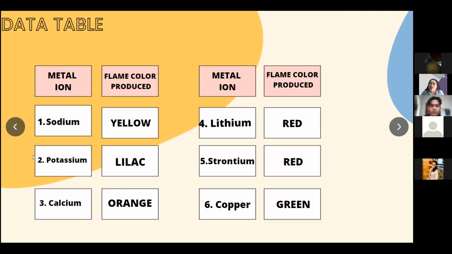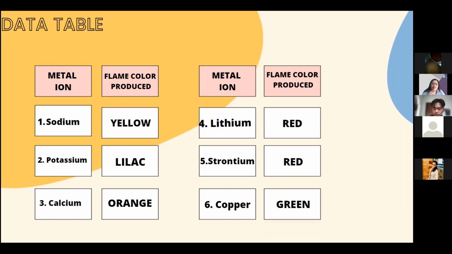Now if you want to have it lavender or lilac or violet, that's potassium. For calcium, there are references that will describe the flame as orange. Meron din namang red kasi may shade of red pa rin si calcium. Sometimes there are references that describe the color of calcium as brick red. If I'm not mistaken, brick red yung calcium.